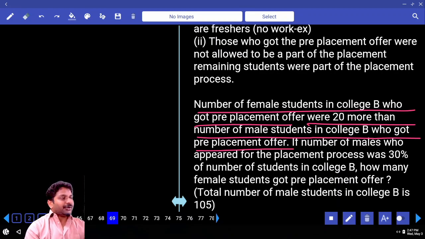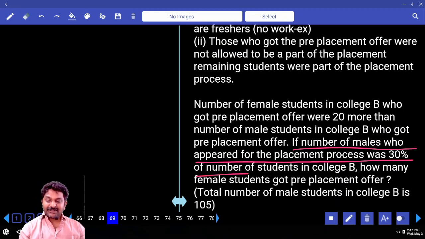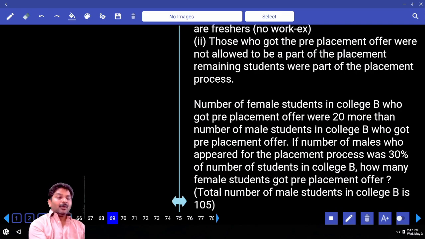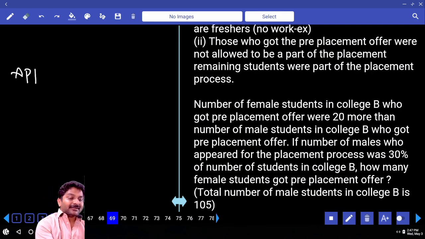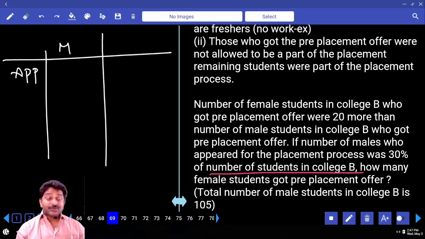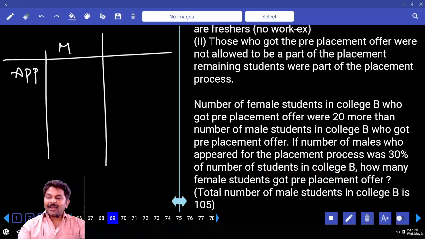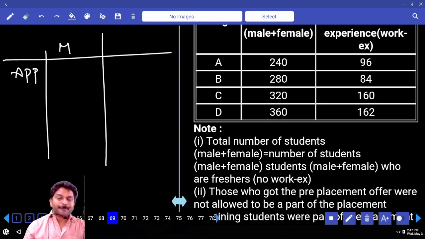Male who got offer, do you know that number? Keep it aside. If the number of male who appeared for the placement process was 30% of the number of students in college B. Who appeared, male, are 30% of students in college B. In college B, how many students are there?